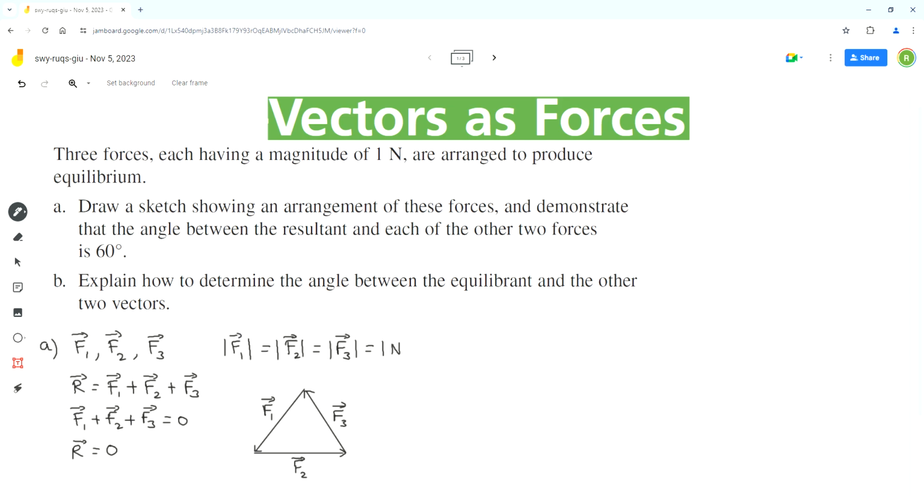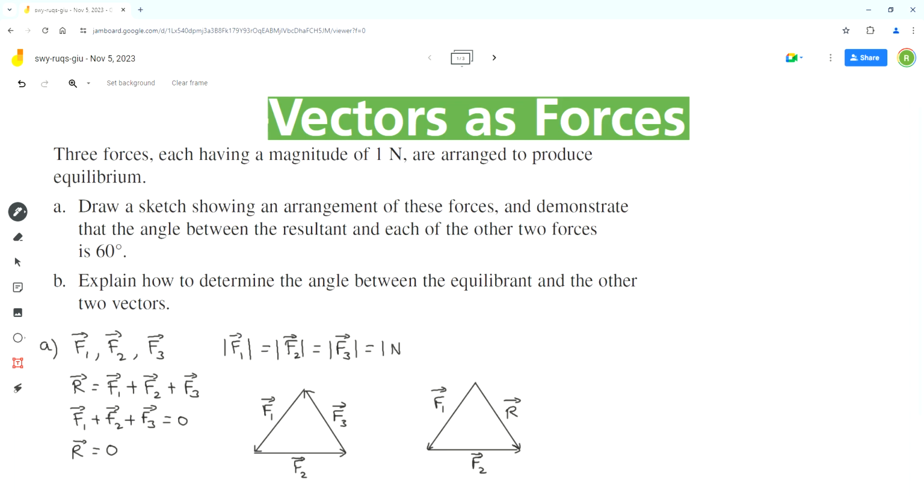So we can show it like this. So the third side in this triangle will represent the resultant of these two vectors.